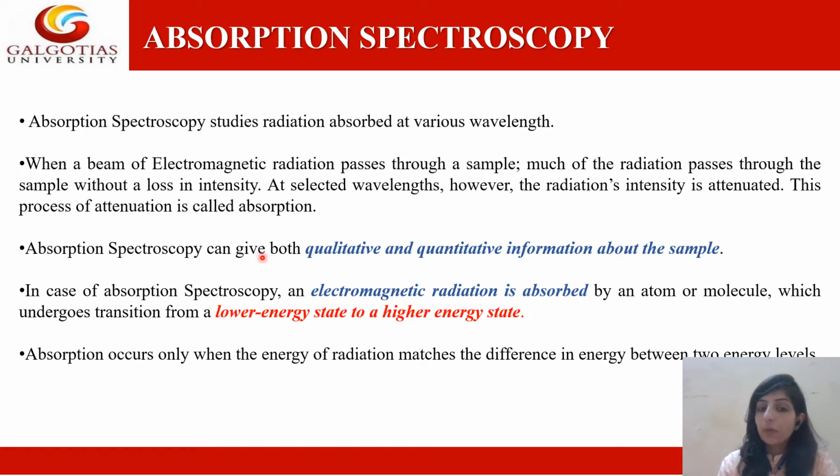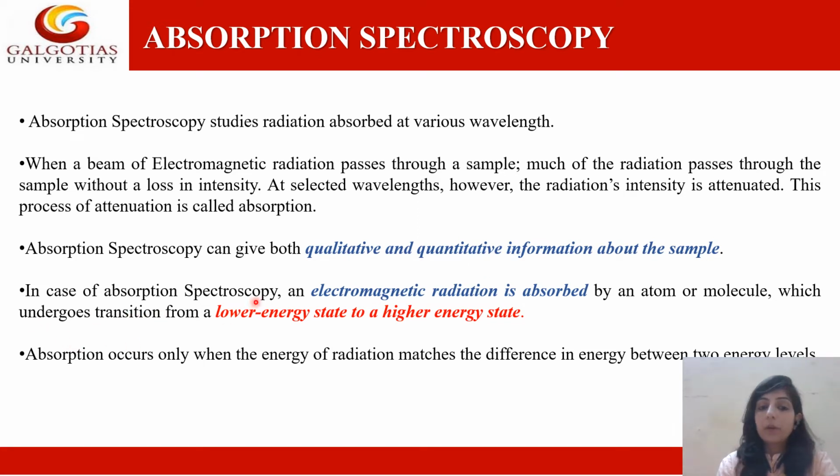Absorption spectroscopy can give both qualitative as well as quantitative information about the sample. So on the basis of this absorption of incoming radiation, we can perform both qualitative as well as quantitative study of the sample.